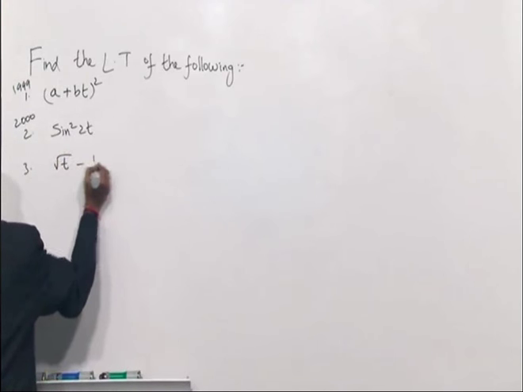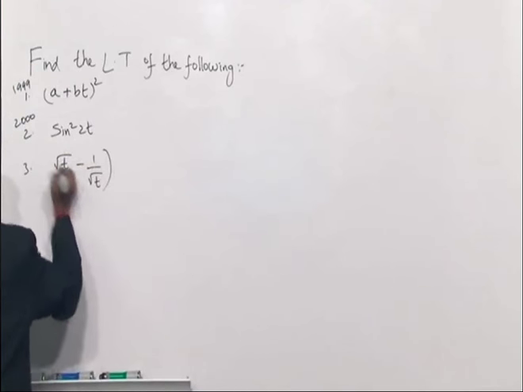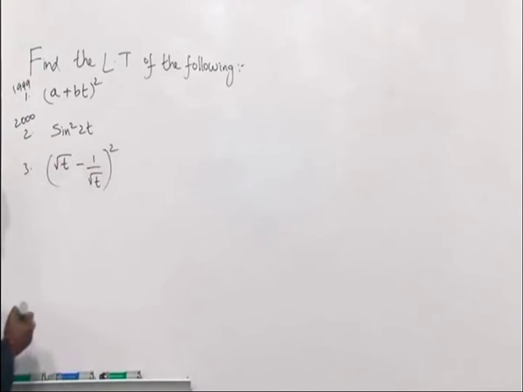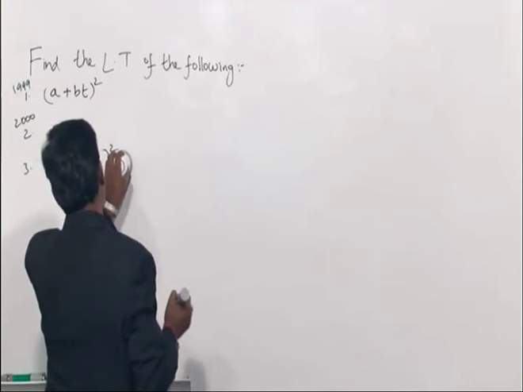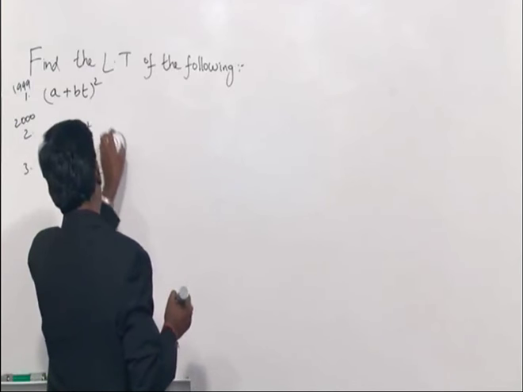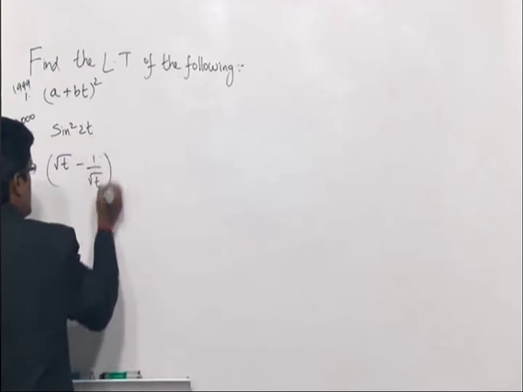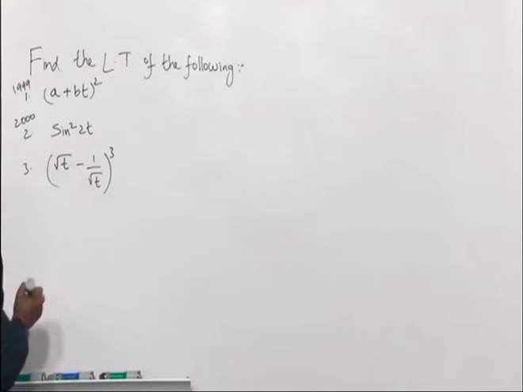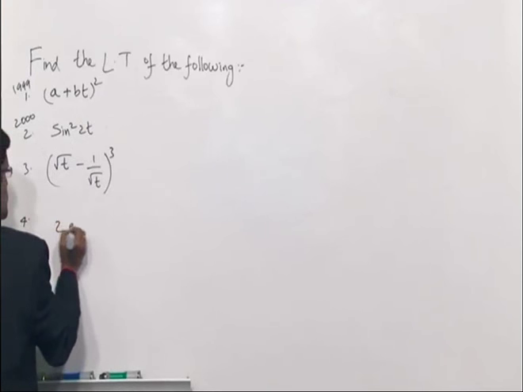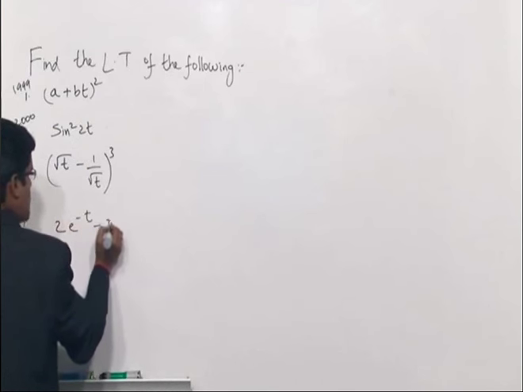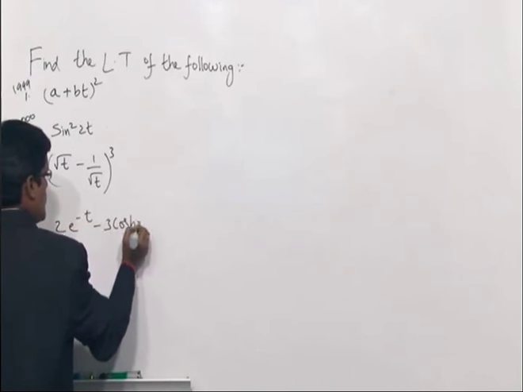Okay, root t minus 1 over root t whole square, or you can set with root t whole cube. 4, 2 e power minus t minus 3 cos h 2t.